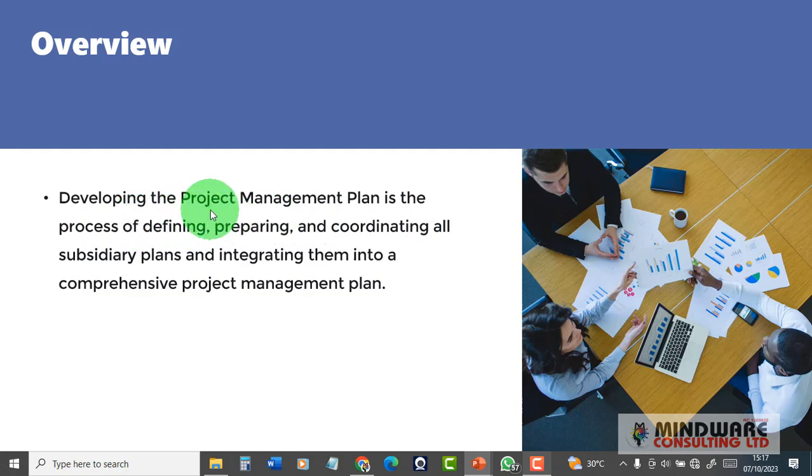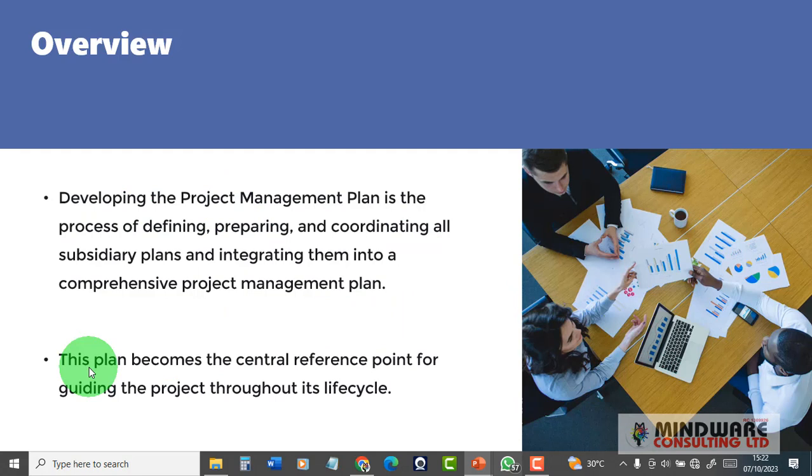So when we talk about the project management plan, this is now the overall plan that includes all the subsidiary plans that you require for every aspect of the project. And then you integrate them all together. All these subsidiary plans now form what we call the project management plan.